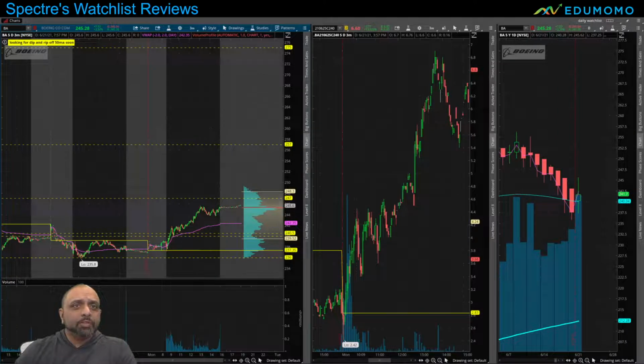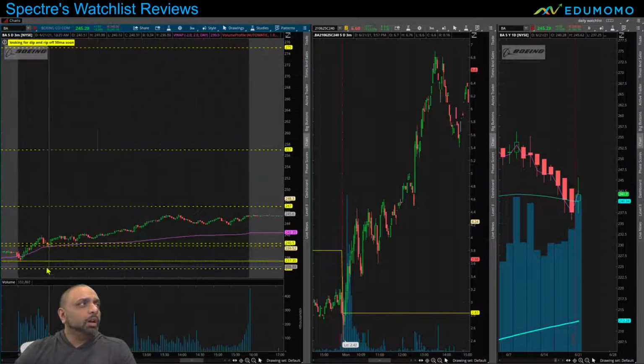When you see all this buying happening right here, you can consider going long, right? It held this low, bounced off this red to green line, cleared this, dipped, held VWAP, and held the two watch list levels right here.